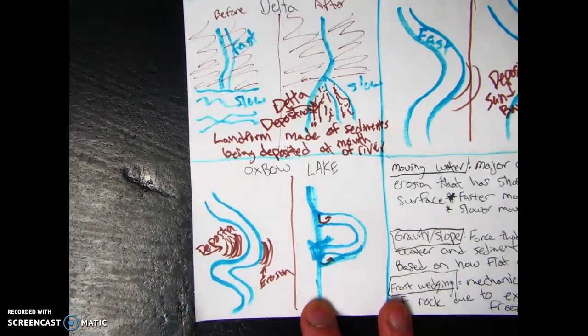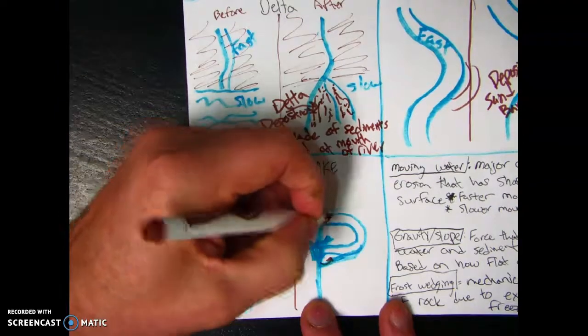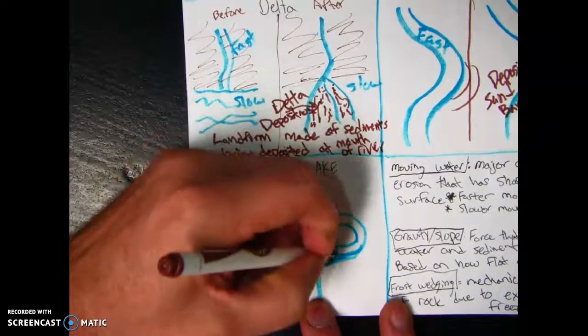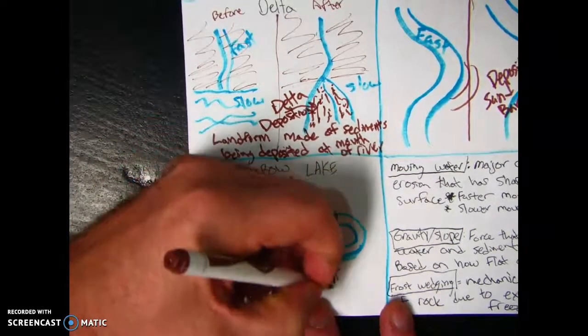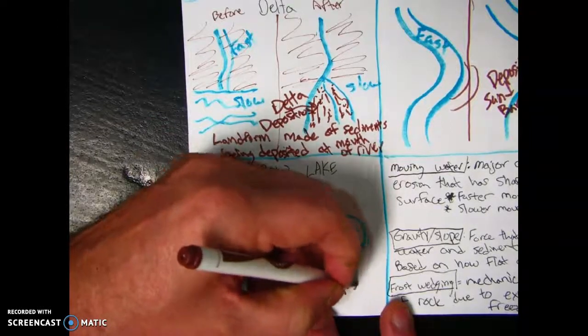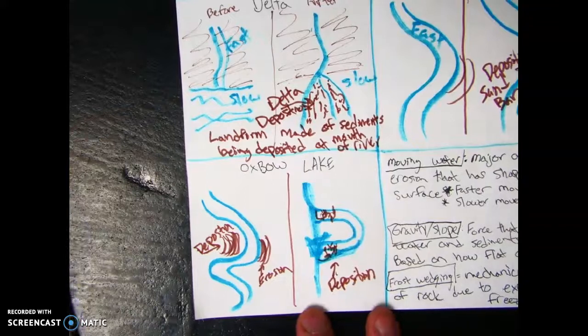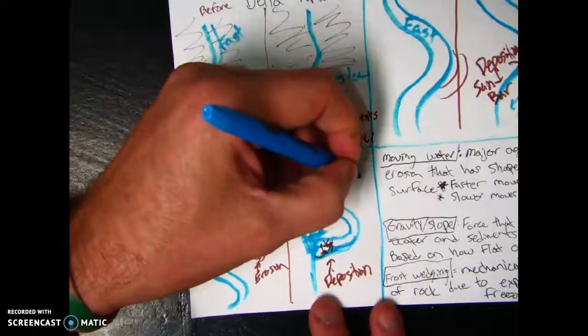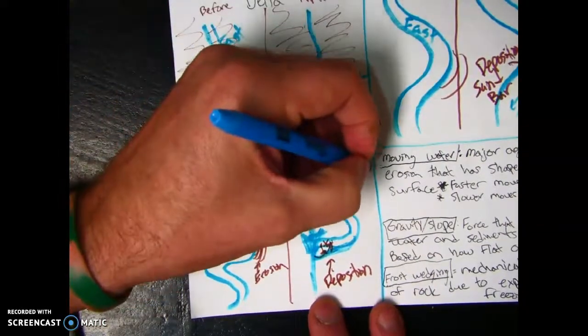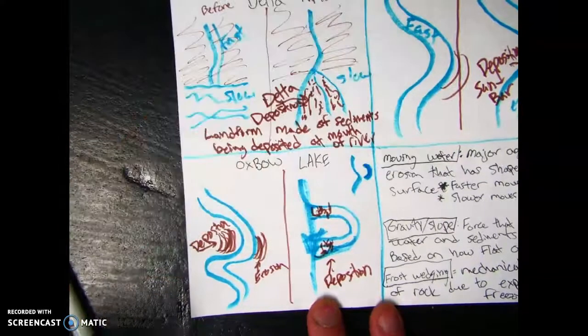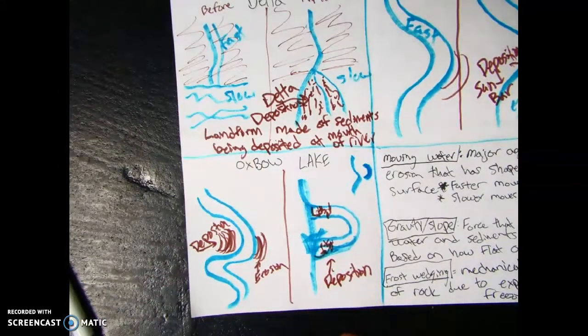Okay, and we're going to get deposition right here. And it cuts off the lake, and basically we end up with a straight river and a lake that's left behind like that. Okay, so that is the 6 diagrams. Again, a lake basin that is left behind from a river meander.